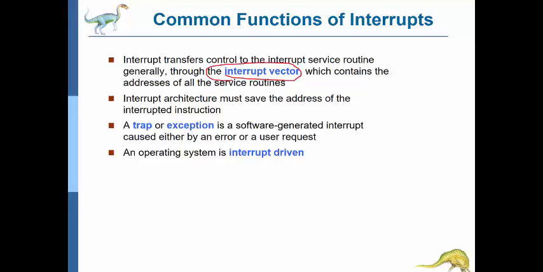Interrupt architecture must save the address of the interrupt instruction, and a trap or exception is a software-generated interrupt. Exceptions, traps, and some errors are all kinds of interrupt, but they are not only interrupts. An interrupt is when something is running, and you need to interrupt it, grab the control, and do something else. An example is the mouse.